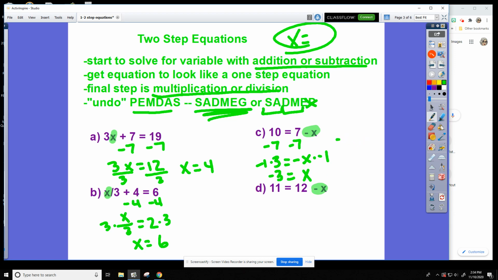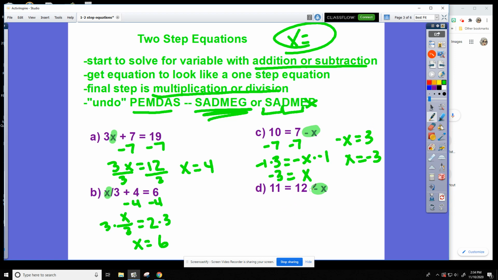You could also think of it as this. I'm going to rewrite it here. If I change this sign, I have to change the sign of everything in the equation. So you could think of write out the -1, or you could just switch the sign. If you switch the sign of x, you have to switch the sign of your answer.